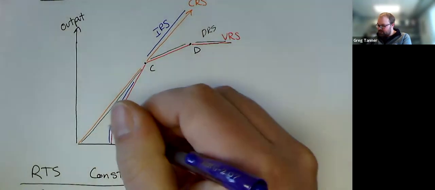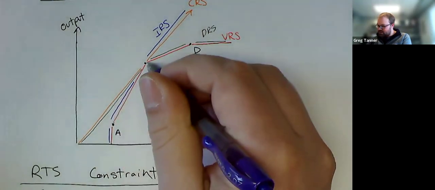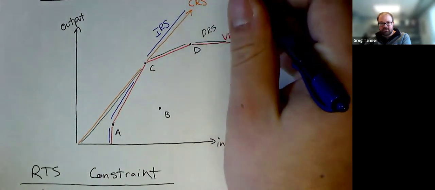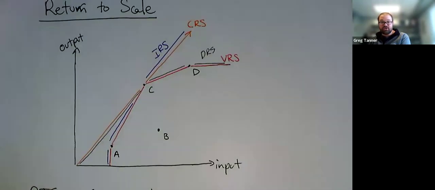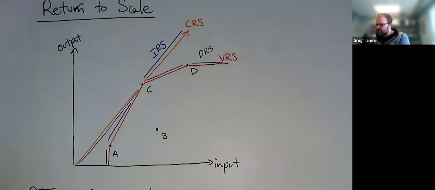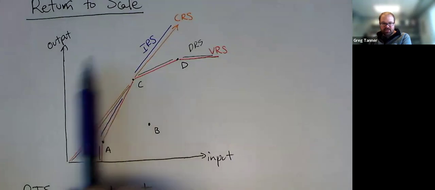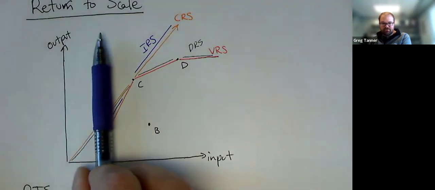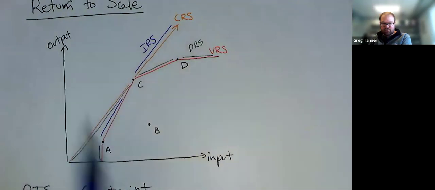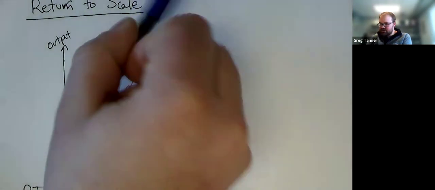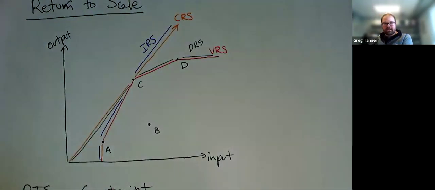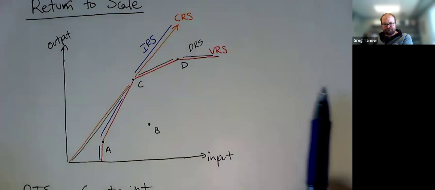And so here we can kind of scale up along here. Here we can kind of scale off to infinity and make a larger version of C if we want to. Kind of thinking about it of the slopes is that the slope starts off infinitely steep and then gets a little bit shallower between A and C, and then gets shallower here, but then it doesn't go below that.